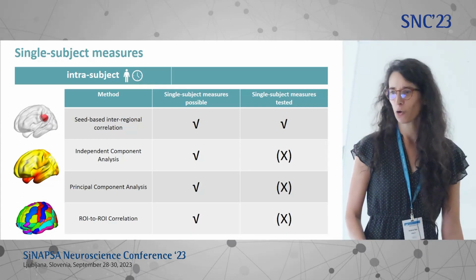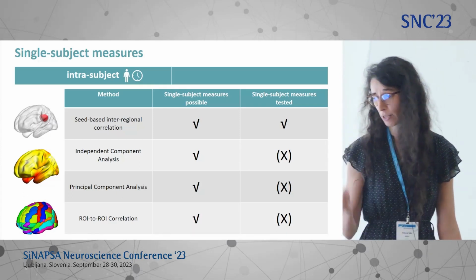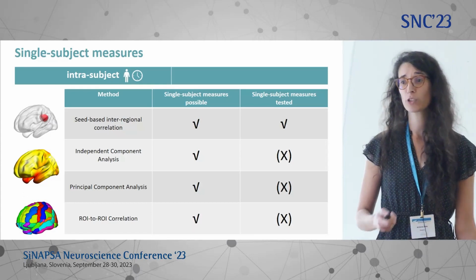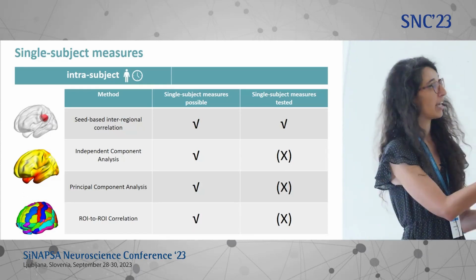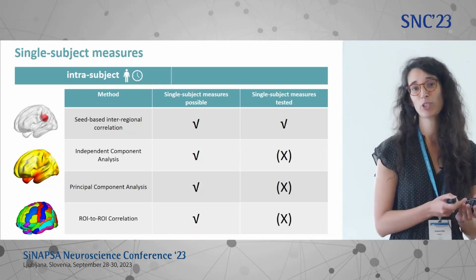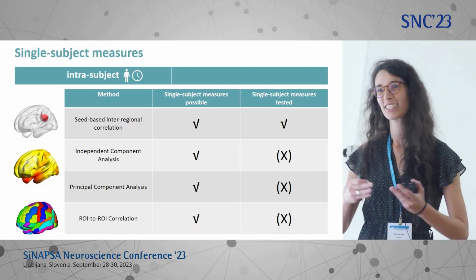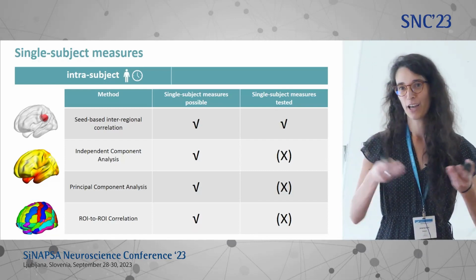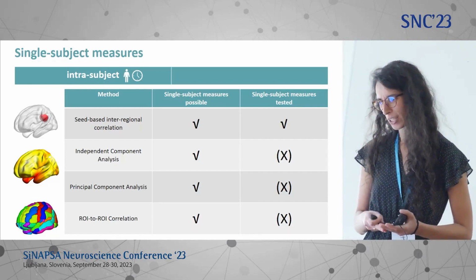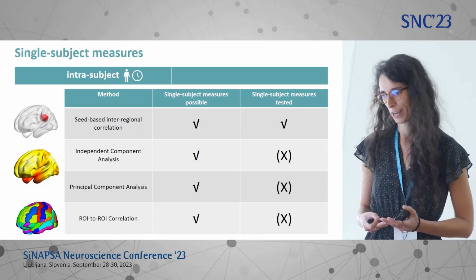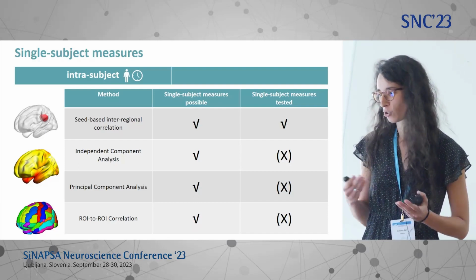Quite surprisingly, though, most of the papers that I was looking at don't really do it. They estimate connectivity first at a single subject level, but then the results shown are at a group level. They show just an average of the individual results, which is kind of surprising. So really not much is known about this.